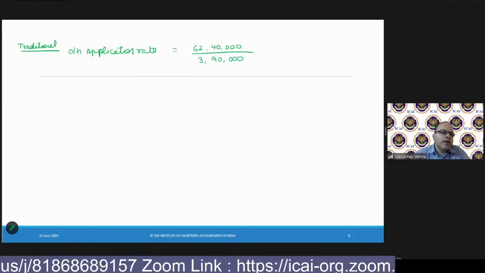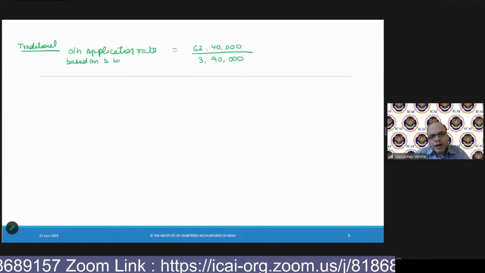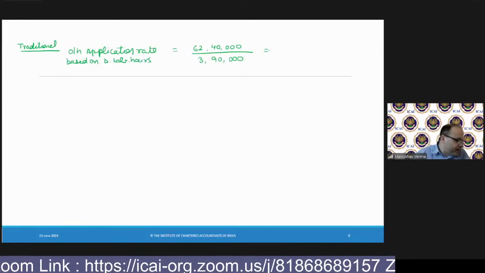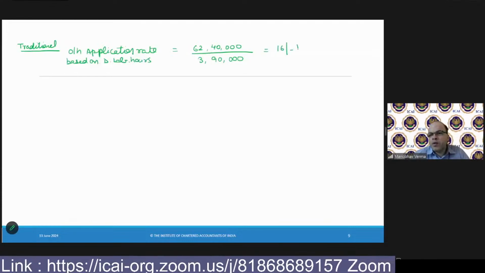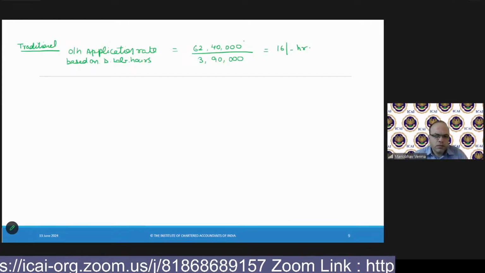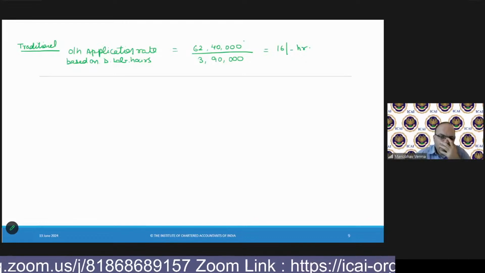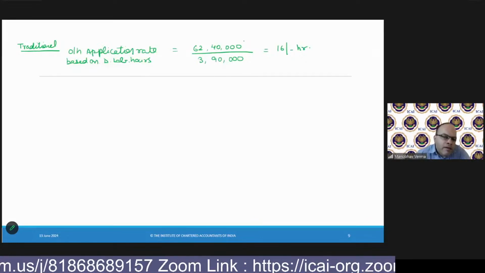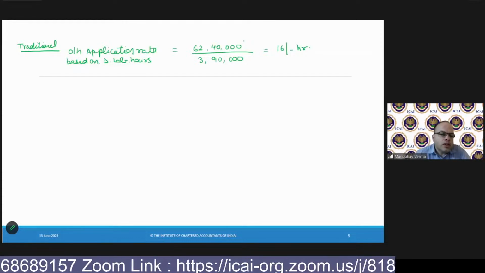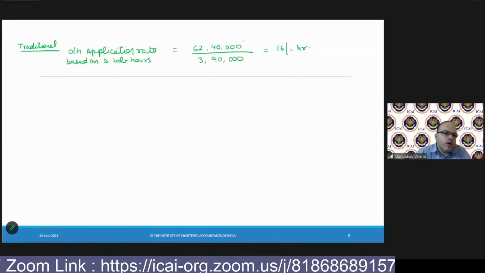So if we see what would be my overhead application rate based on direct labor hours, that's what is given to us in the question. It comes out to be 16 per hour. I hope that makes sense. In that case, let's see what amount of cost is absorbed by both the products, that means cans and bottles.